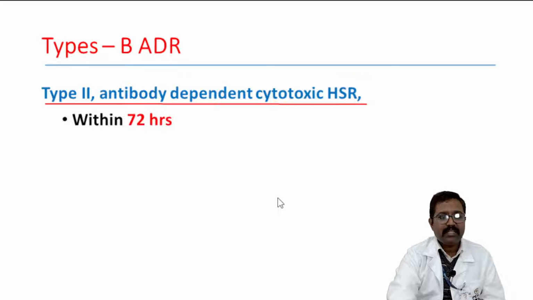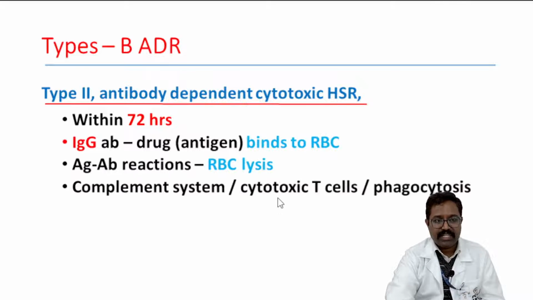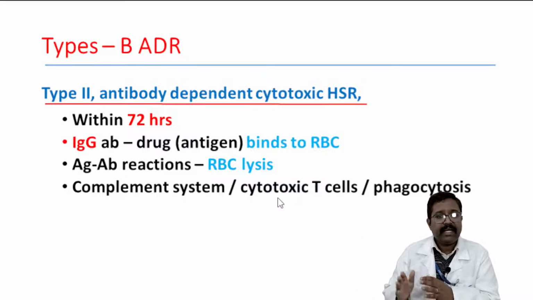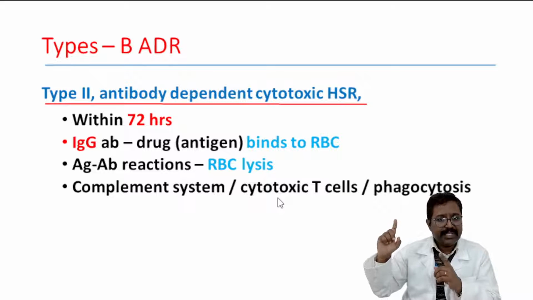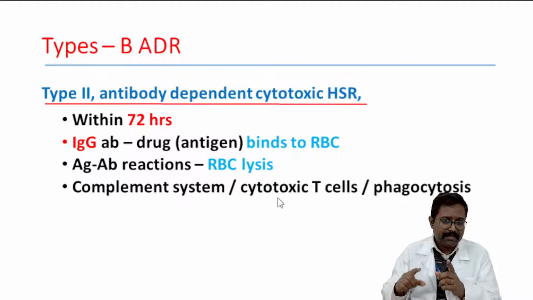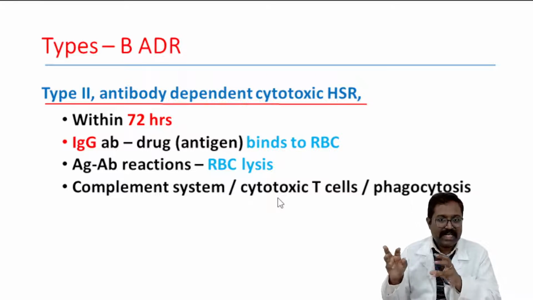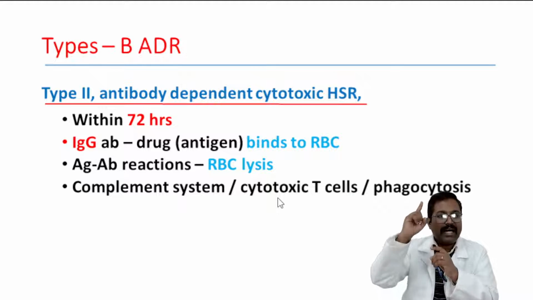Next comes type 2, that is B, antibody dependent cytotoxicity reaction, which occurs within 72 hours. When we saw type 1, it was IgE mediated, whereas type 2 is IgG antibody mediated. The IgG antibody as well as the drug, which acts as an antigen, forms a complex and binds to the RBCs.